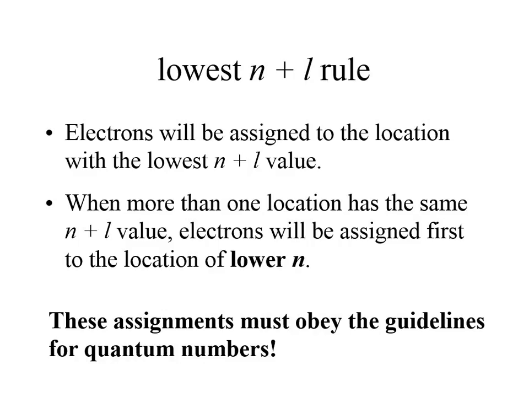And you're like, well, which one do I go to first? Well, you go to the lowest n, and I'll kind of show you. I'm going to introduce you to something, if you haven't seen it before, called the arrow diagram, which gets you down the road to saying, I don't know which n plus l is next. The arrow diagram will help. If they have different subshells with the same n plus l value, you go to the lowest n.